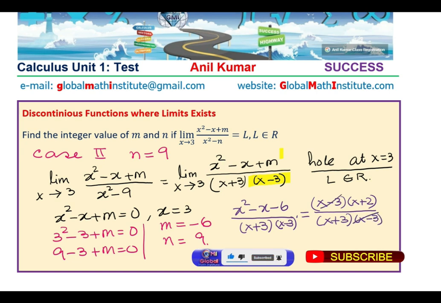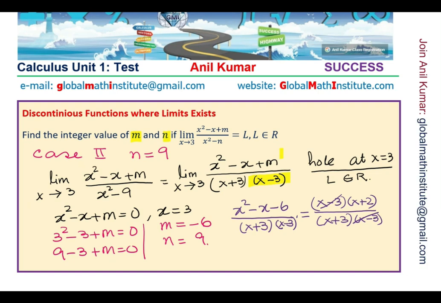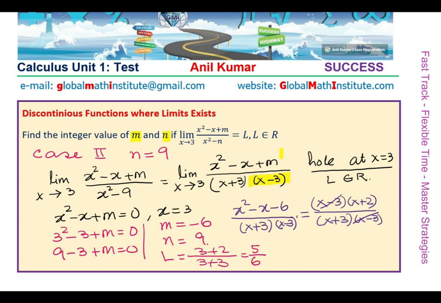So they cancel, and we're looking for x plus 2 over x plus 3. In this case, we have to find only the value of m and n, if the limit exists. But you can also find the limit by substituting x equals 3. The limit L will be equal to 3 plus 2 over 3 plus 3, which is 5 over 6.